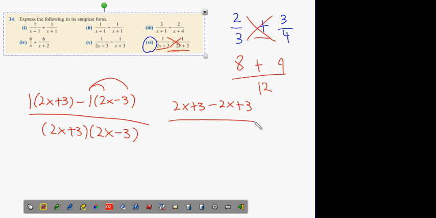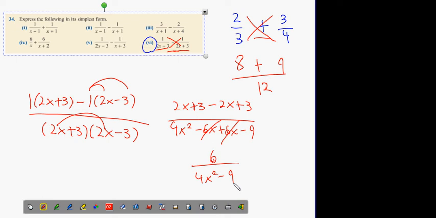On the bottom you're going to get this difference of 2 squares, isn't it? Do you see that? But anyways, if you don't, it's going to be 4x squared minus 6x plus 6x minus 9. They cancel. And your answer is going to be 6 divided by 4x squared minus 9. That's your answer. That's how you do number 34.